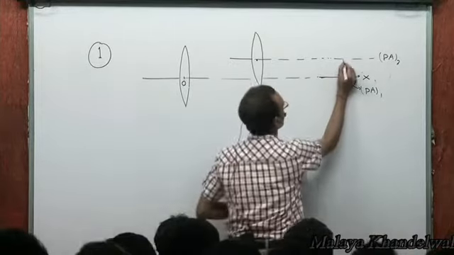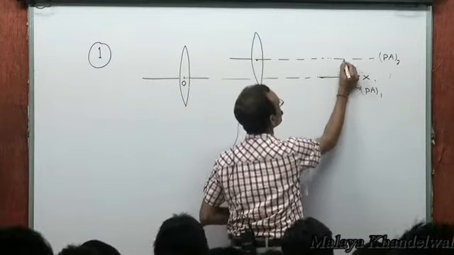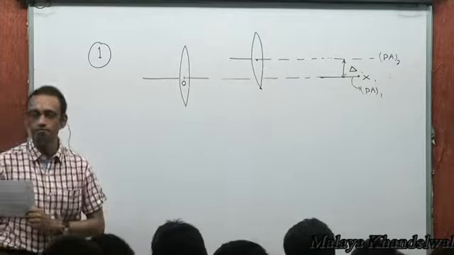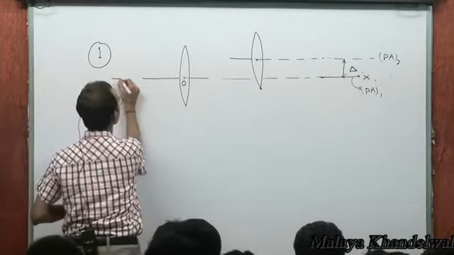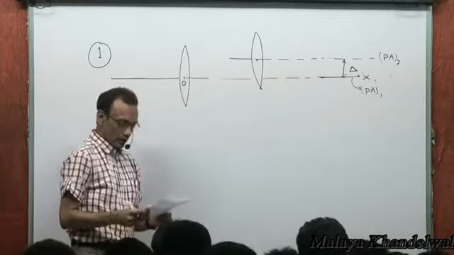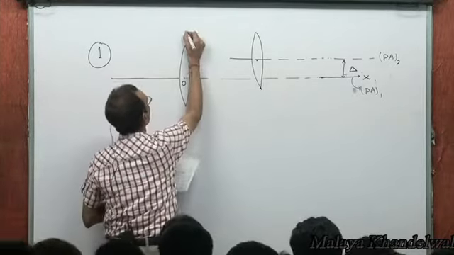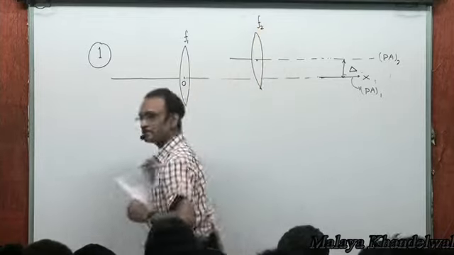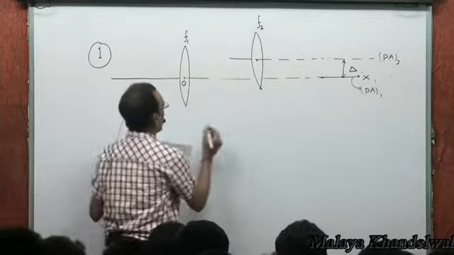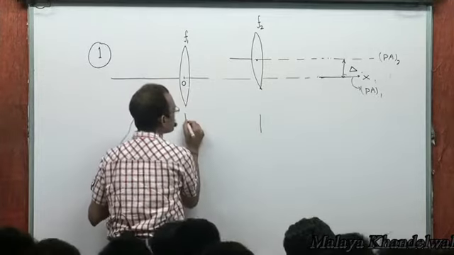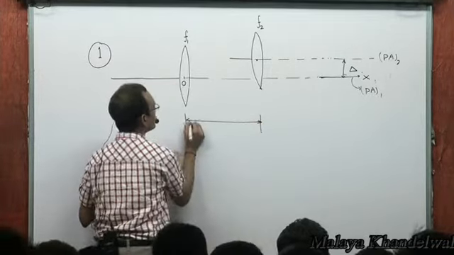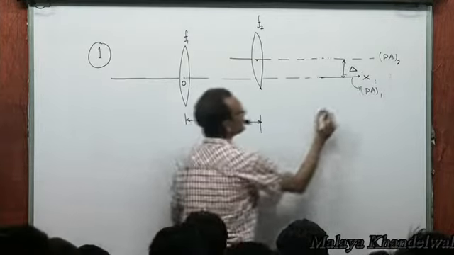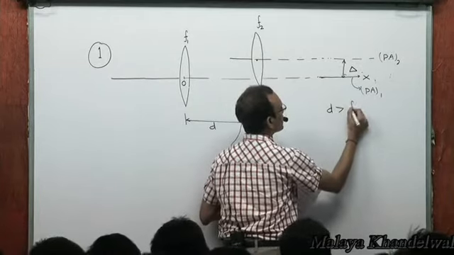And the principal axes are separated by a distance delta, right? The magnitude of the focal lengths of the two converging lenses is given to be f1 and f2. And the horizontal separation between them is given to be d. And it's also mentioned that this d is bigger than f1 plus f2.